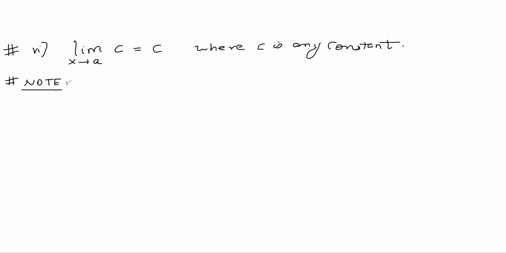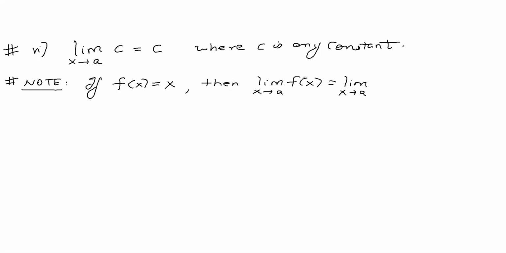Yes. Okay. So guys, if my function f of x is exactly equal to x, then limit as x tends to a, f of x will be limit as x tends to a. What is f of x? x. And limit as x tends to a, x will exactly be equal to a itself.